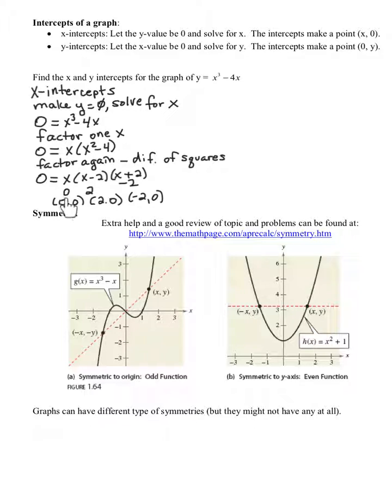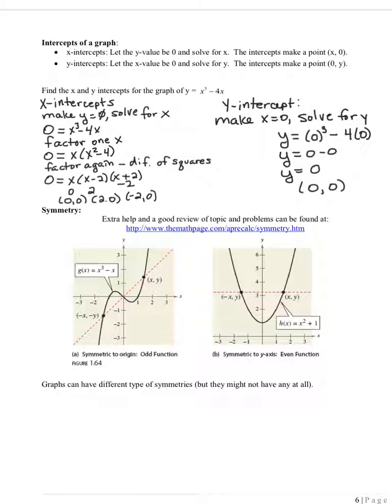We have an x equals 0 as one of our zeros. We have an x equals 2. When we solve for x here, we get 2 because 2 minus 2 is 0. And for this one, we get negative 2. So our points are 0, 0, 2, 0, and negative 2, 0.